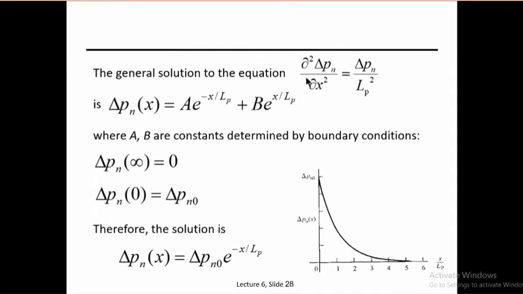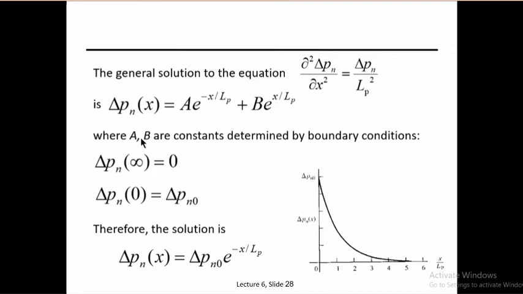we integrate twice, then we will obtain that the change, or the excess carrier, will equal this equation: A e to the minus x over LP plus B e to the x over LP.